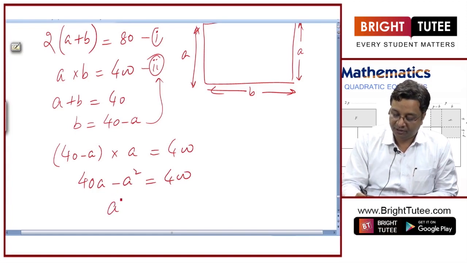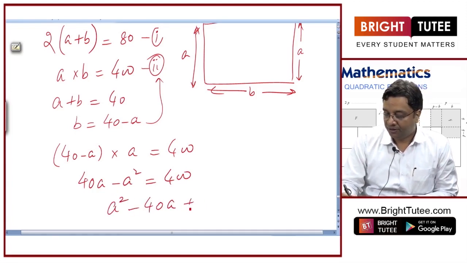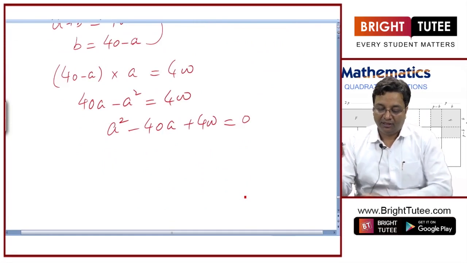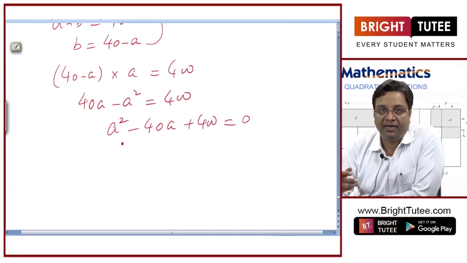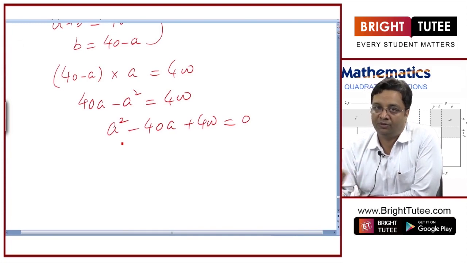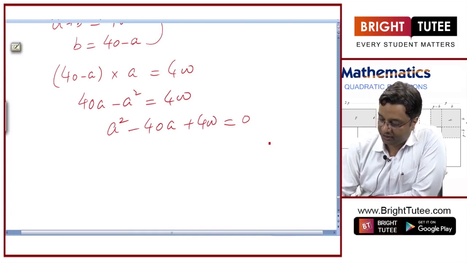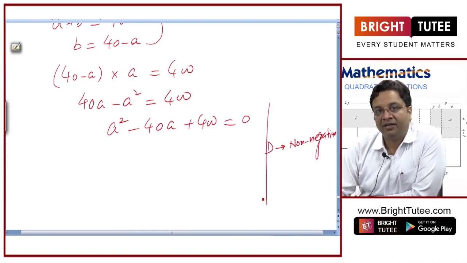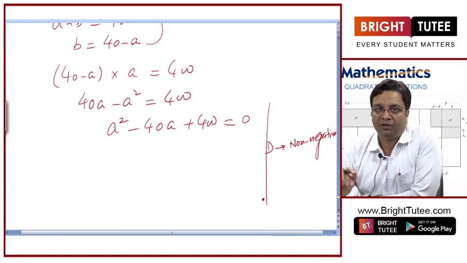So if I bring everything to the right hand side, a square minus 40a plus 400 should be equal to 0. In this question, if you calculate the discriminant and the value of discriminant is 0 or positive, right? Value of discriminant is non-negative, then we can say the real value of a is possible, hence the situation is possible.